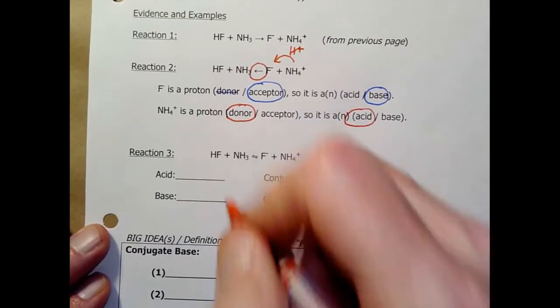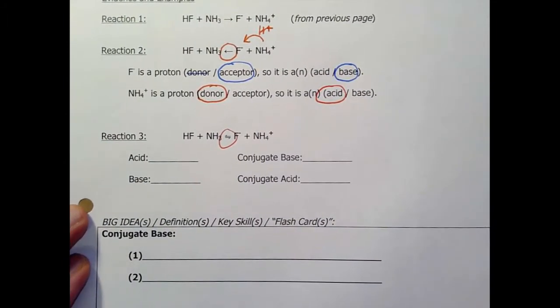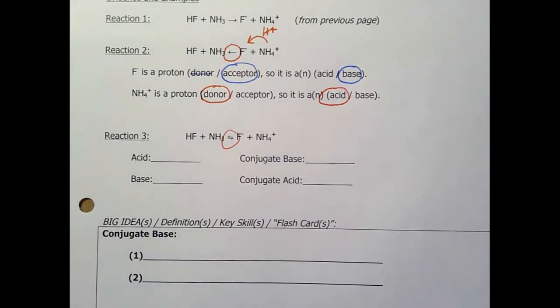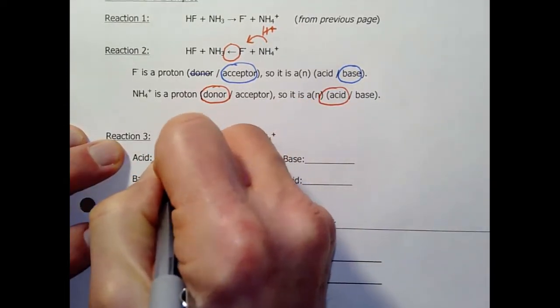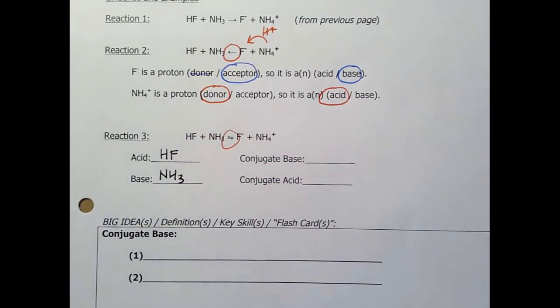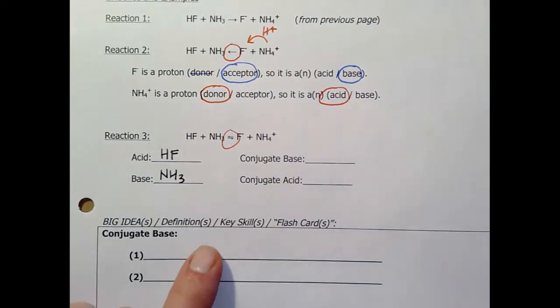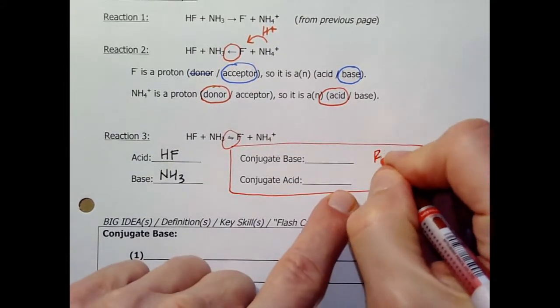Well, what about this? Chapter 7, we say, well, what's at equilibrium? Well, going from left to right, we've got that. Now, what if we think about the reverse reaction?